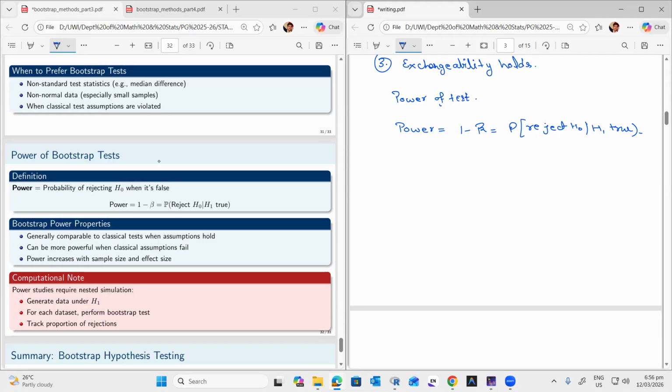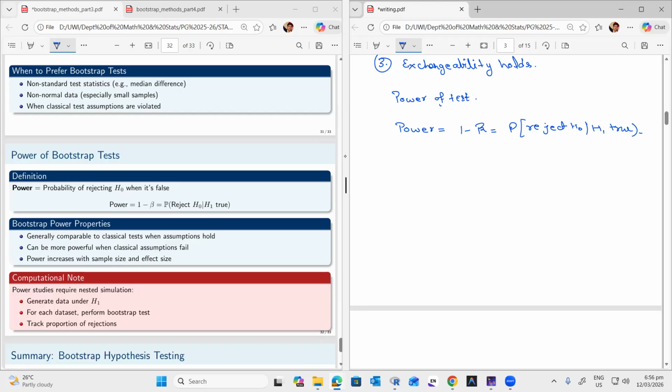All right, and the second thing that is needed here is the exact null distribution. In classical tests, we use theoretical distributions like the t distribution, F distribution, or chi-square distribution, which are exact only when the assumptions hold. In practice, they are approximations.